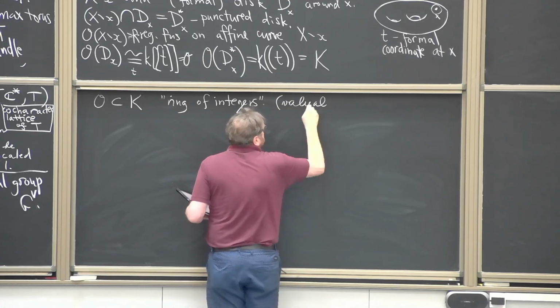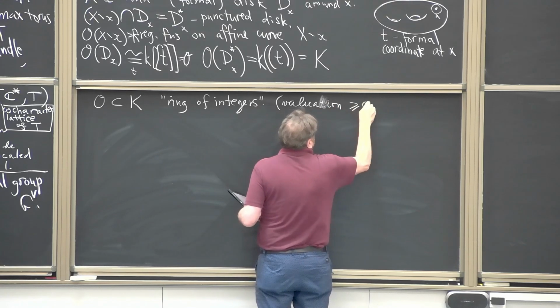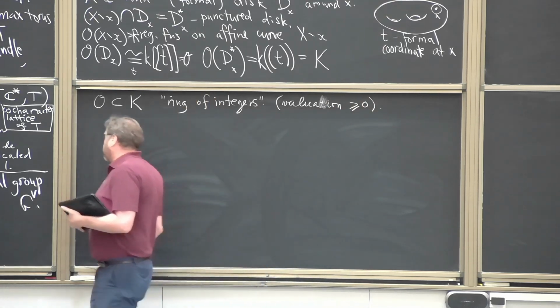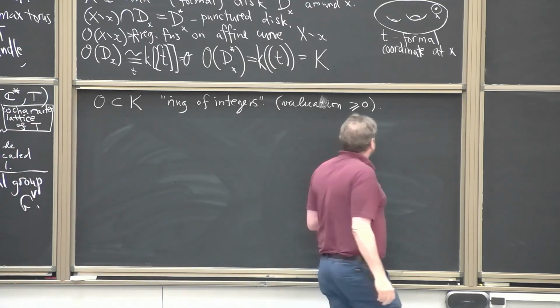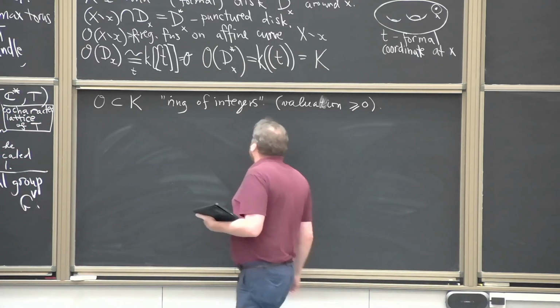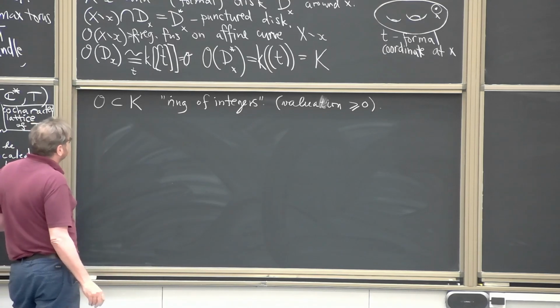So we have a non-Archimedean valuation, which is the order of this series at 0, and O is the set of series with non-negative valuation.